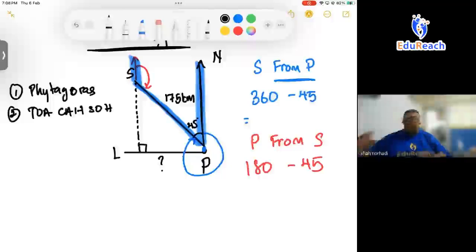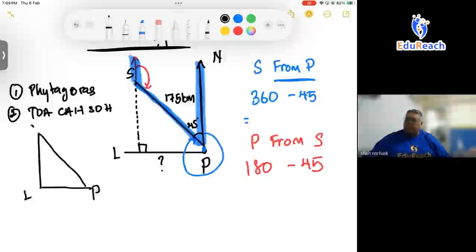So when the diagram looks very complicated with a lot of things, shift it out. You got L, you got P, you got S. This is 175. What do you think this angle is?